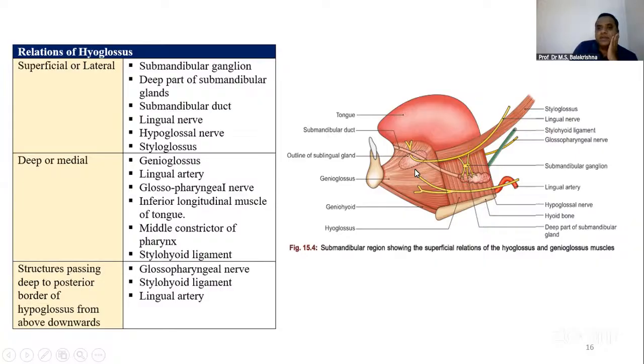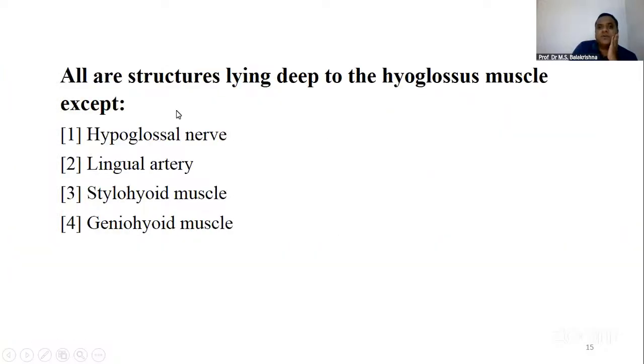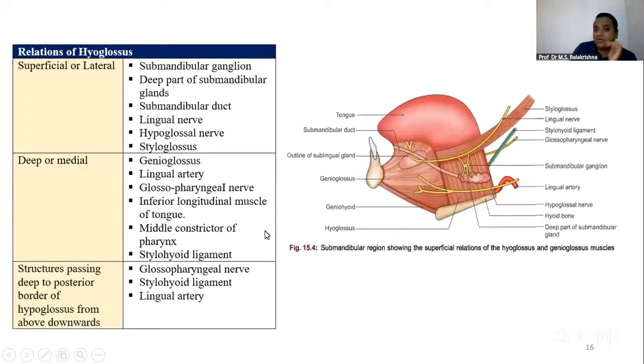Okay. So now the question is, all the structures lying deep to hyoglossus muscle except. So the answer is hypoglossal nerve, lingual, styloglossus, and these muscles are not. So see this diagram and the table is very clear. So basically it's a diagram based question.